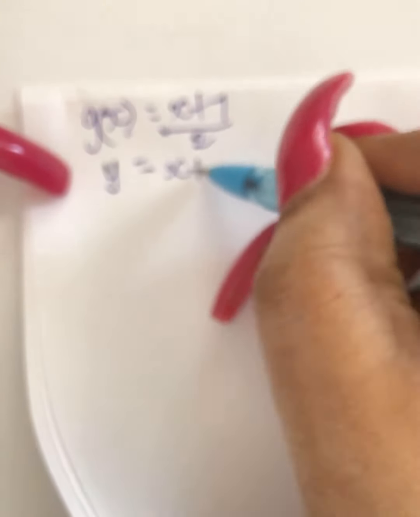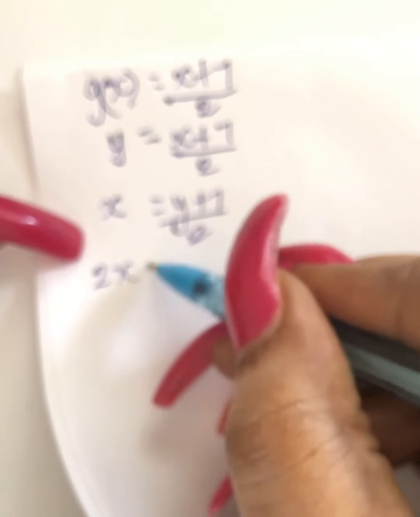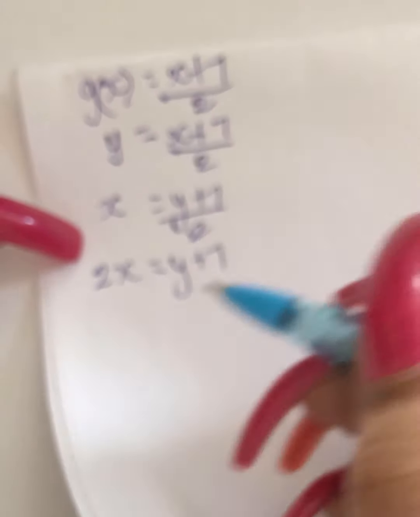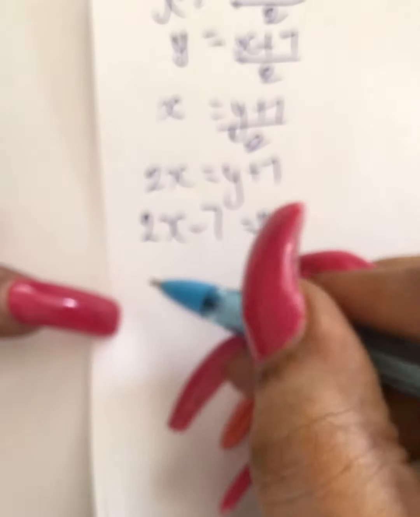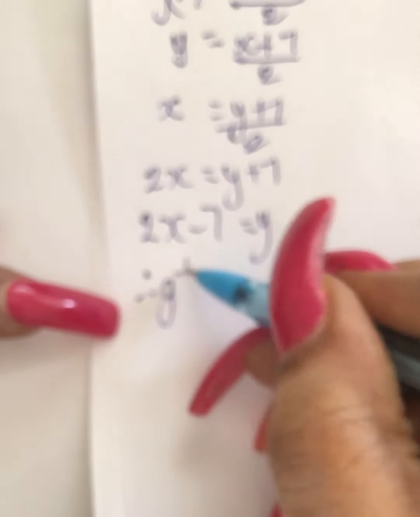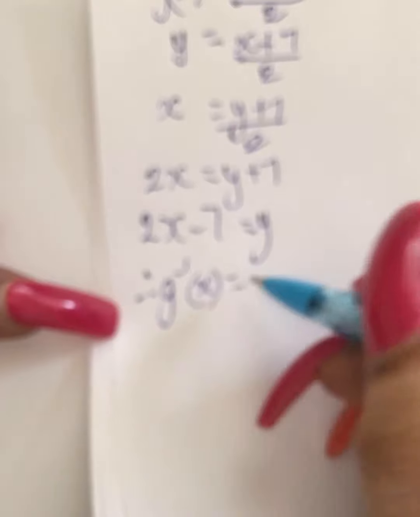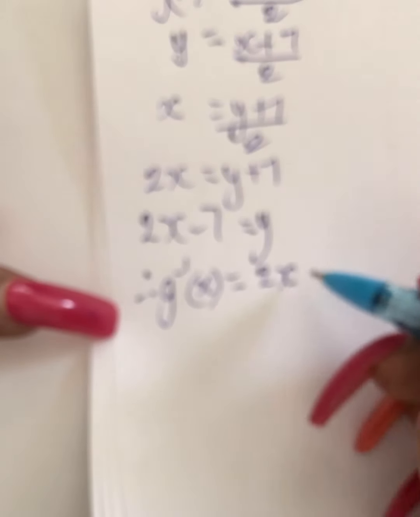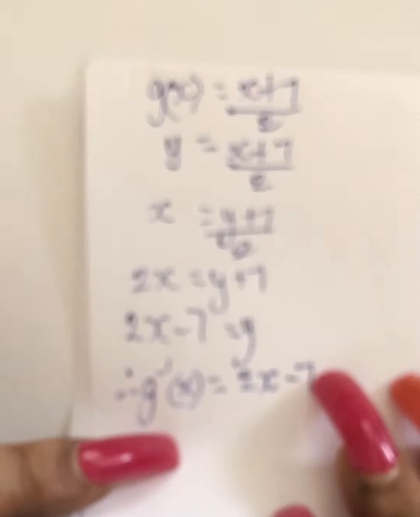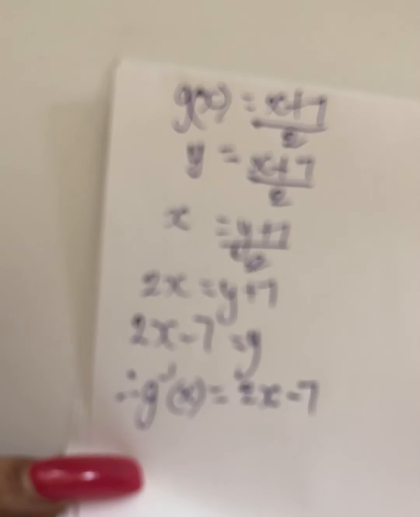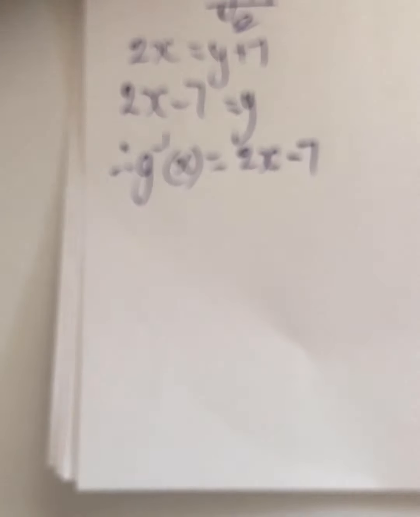And then we make y the subject. 2 times x, y plus 7. 2x minus 7 is equal to y. Therefore, g inverse of x is equal to 2x minus 7. Whoops, I'm finished. Good.